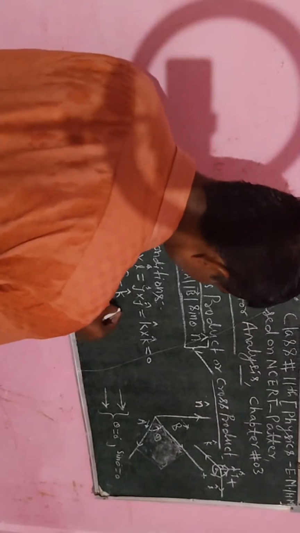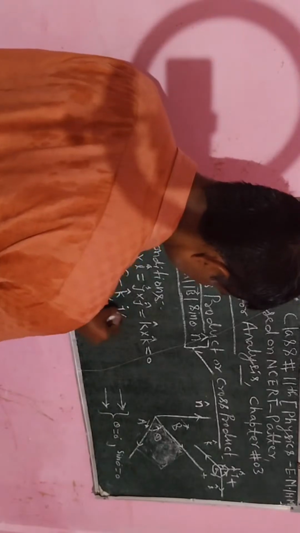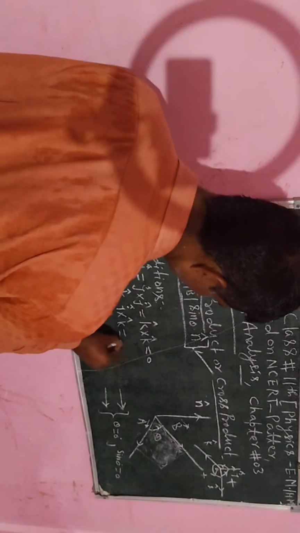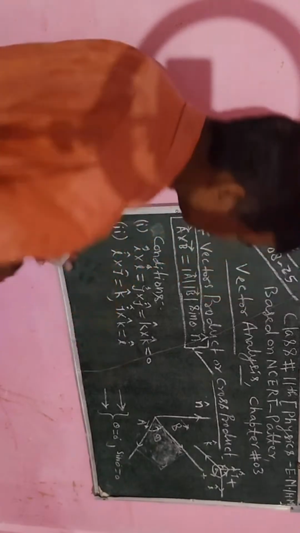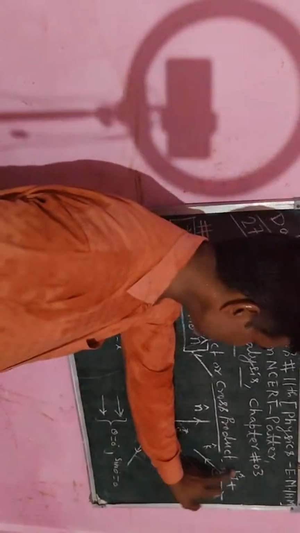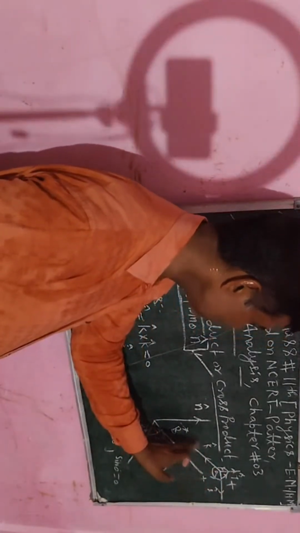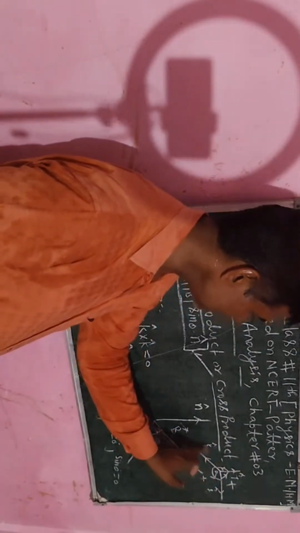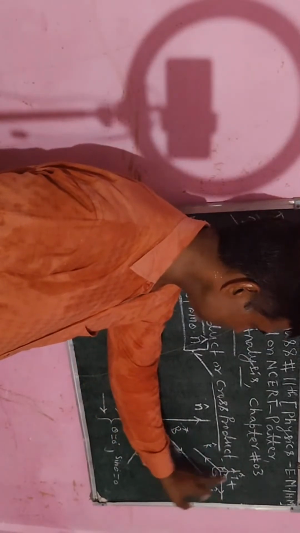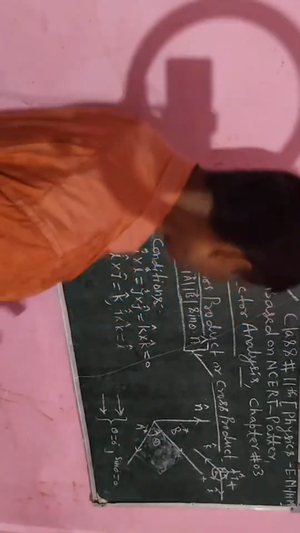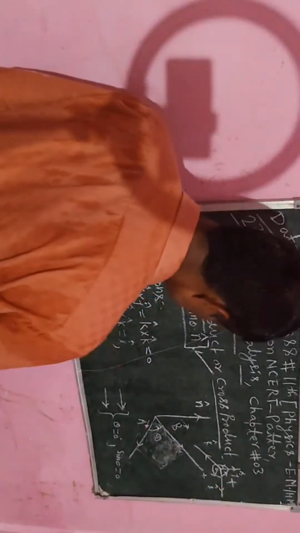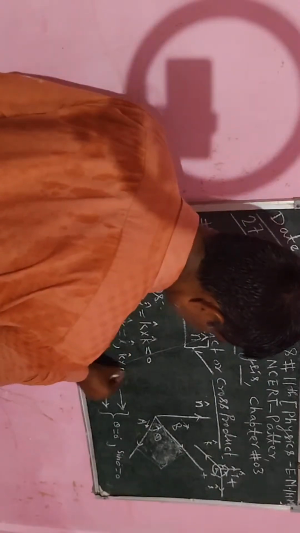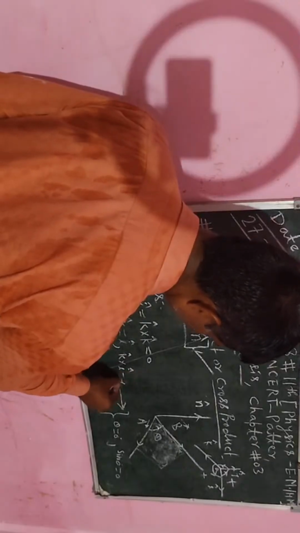Now I will take vector j cross vector k, so its value will be vector i, because here I multiply i cross j, so its direction will be k, and j cross k its direction will be i, and k cross i its direction will be j. So I will use this term. The other will be vector i, vector k into vector i, its value will be vector j.